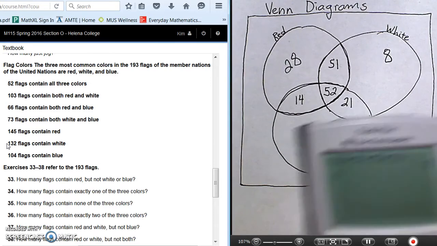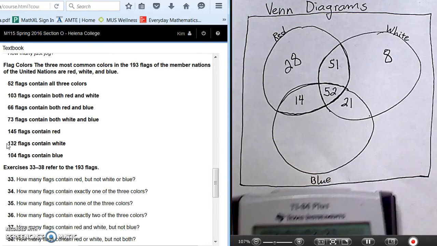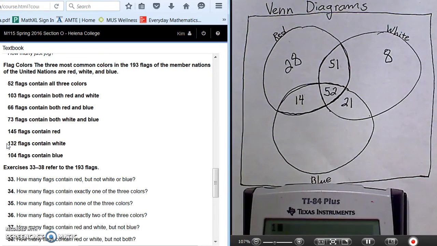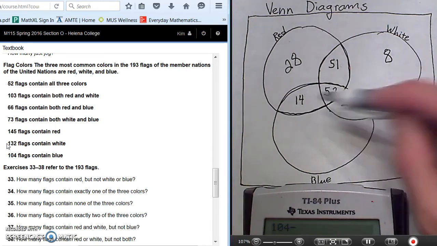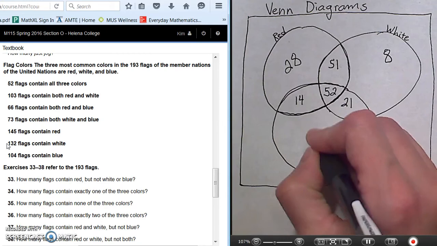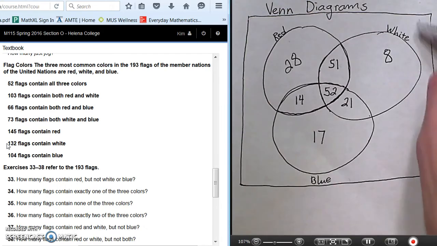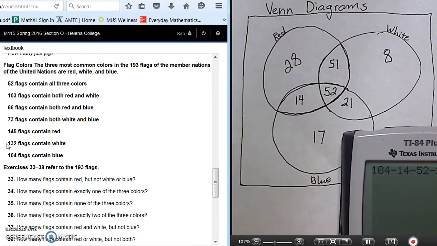Then for the blue circle, there's a total of 104 flags that contain blue. 104 take away 14, 52, and 21 is 17. There's 17 flags with just blue. Now altogether there are 193 flags. That means in all of the rectangle there should be 193.